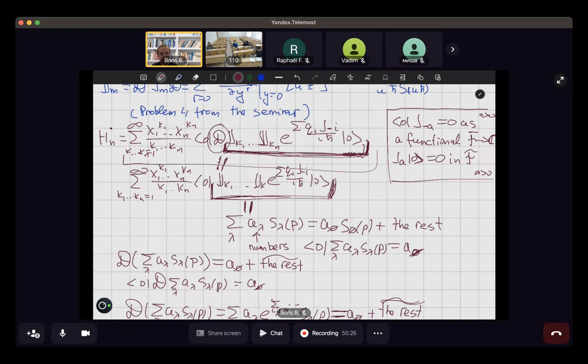And this taken coefficient here, and this operator here, it is exactly what is written here.